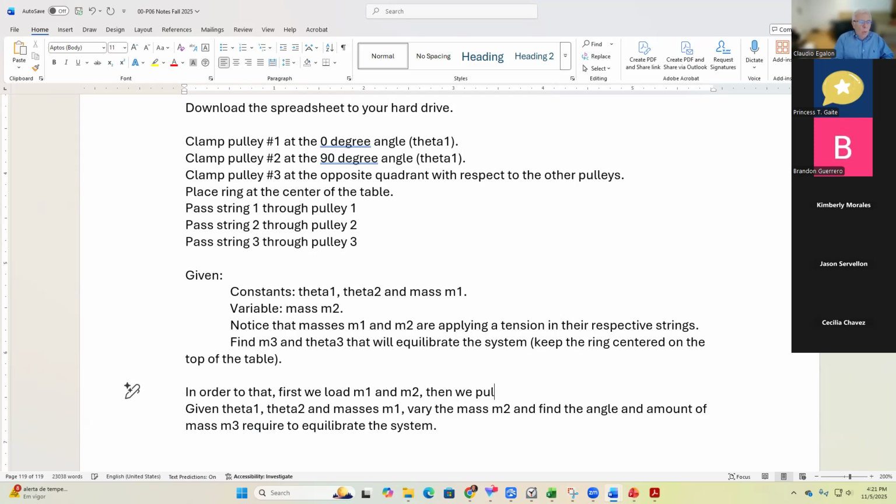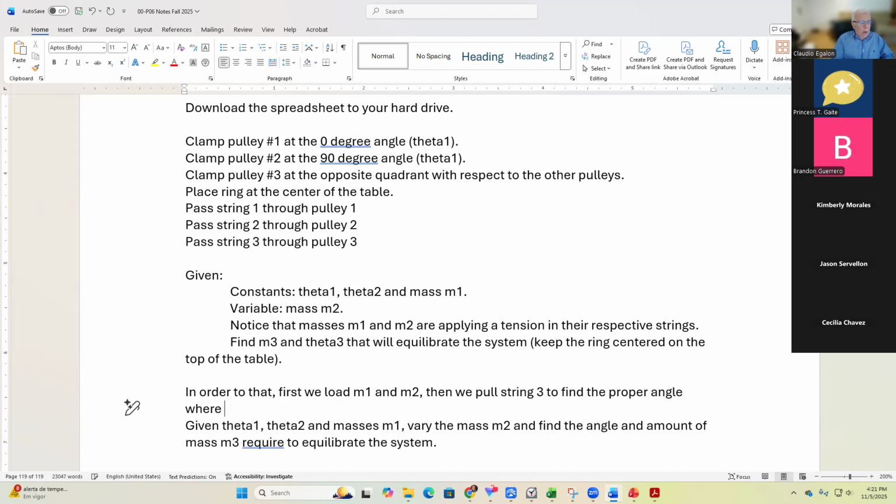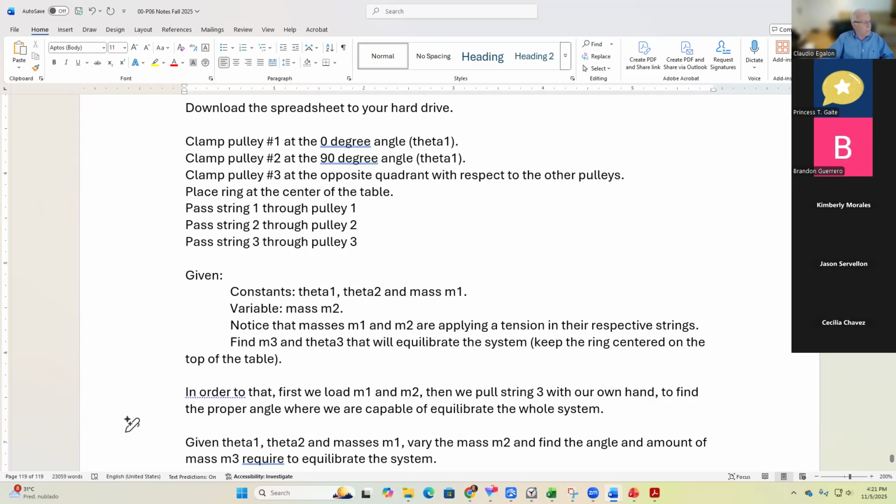Then we pull string 3 with our own hand to find the proper angle where we are capable of equilibrating the whole system.